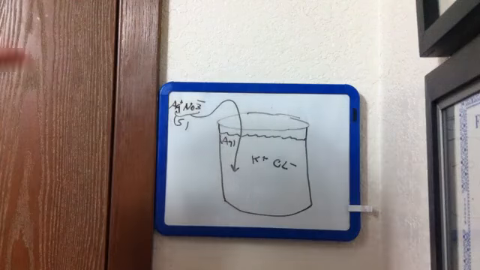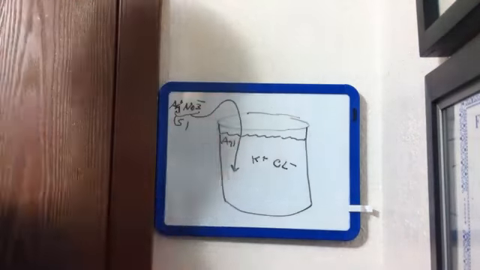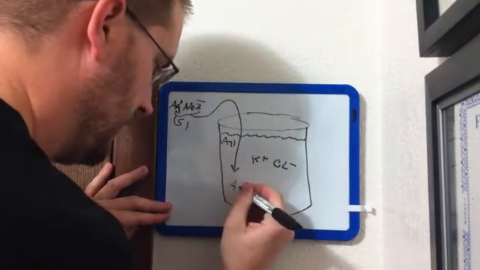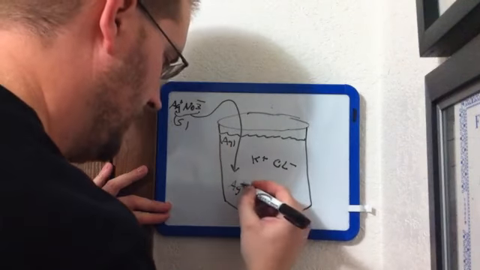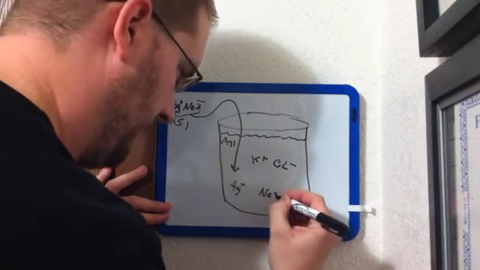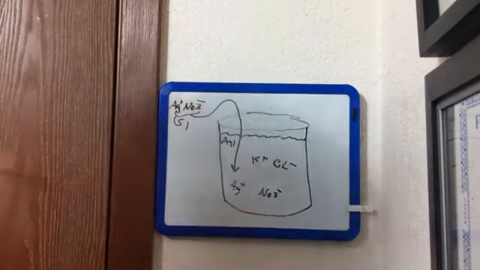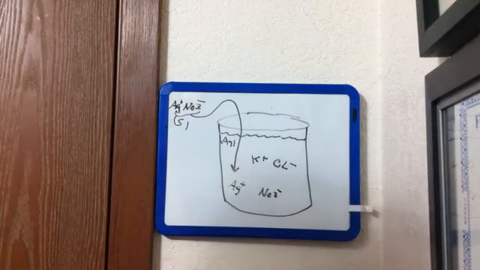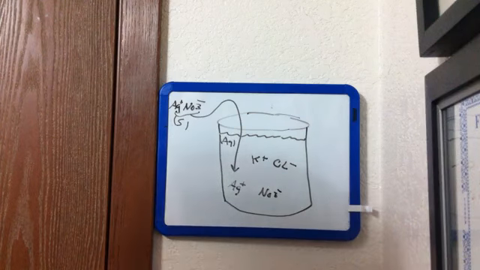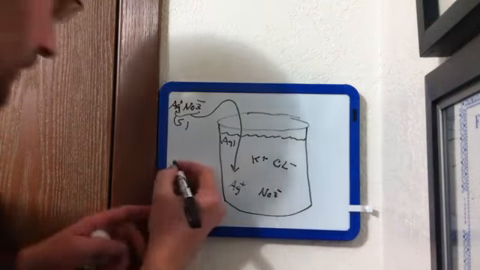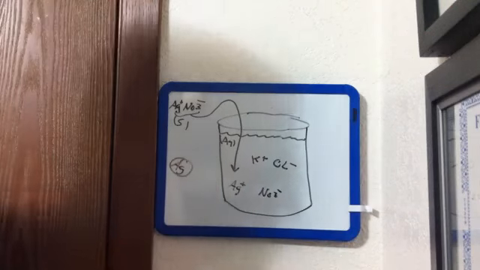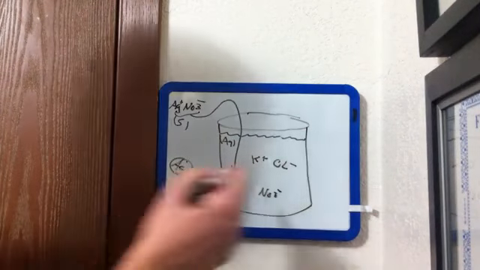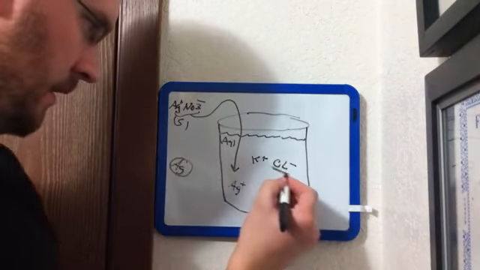Well, what's going to happen is I introduce this into the solution, this silver and the nitrate are going to dissociate, but then something interesting is going to happen. Something very interesting. What's going to happen is the silver here is going to interact with the chlorine here.